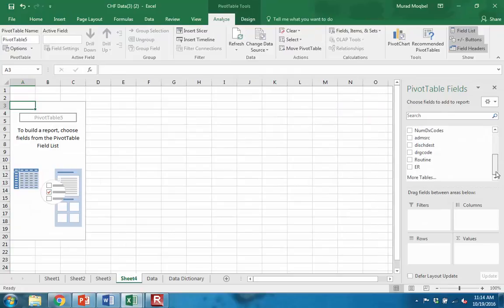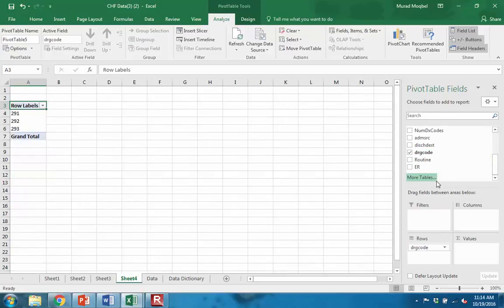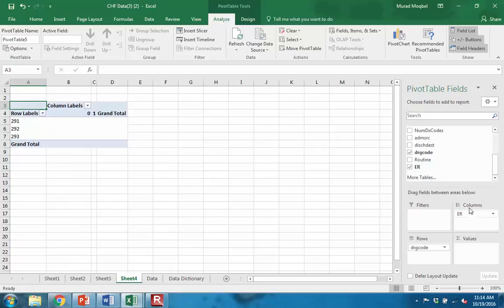Now I'll drag this DRG codes into the row, just helps me identify DRGs, and then I will drag ER to the column, and then I can drag either the patient ID or DRG code into the values. Nope, actually not.